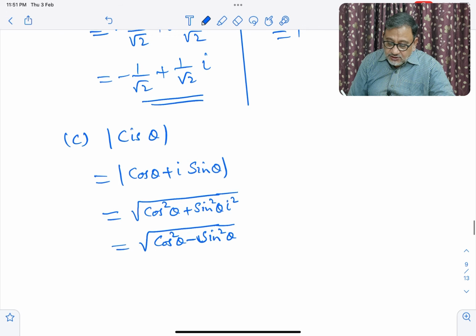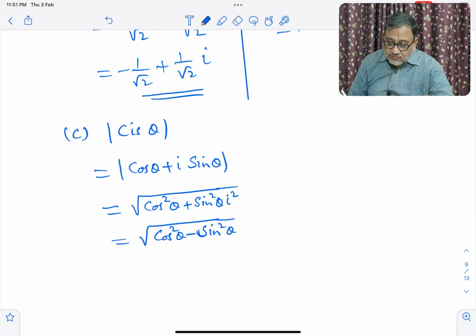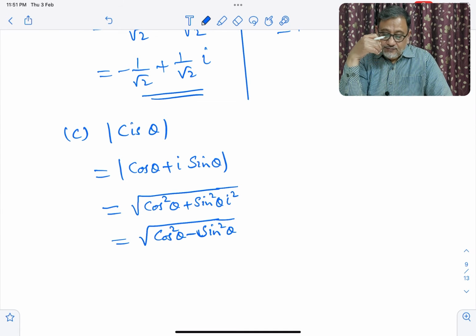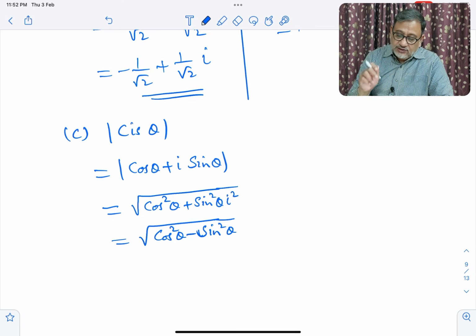It will be cos of 2 theta. Okay, you can write cos of 2 theta, or you can leave it like that, right? And this can be for any angle they are asking you. If you want to find the modulus, then modulus is like that.